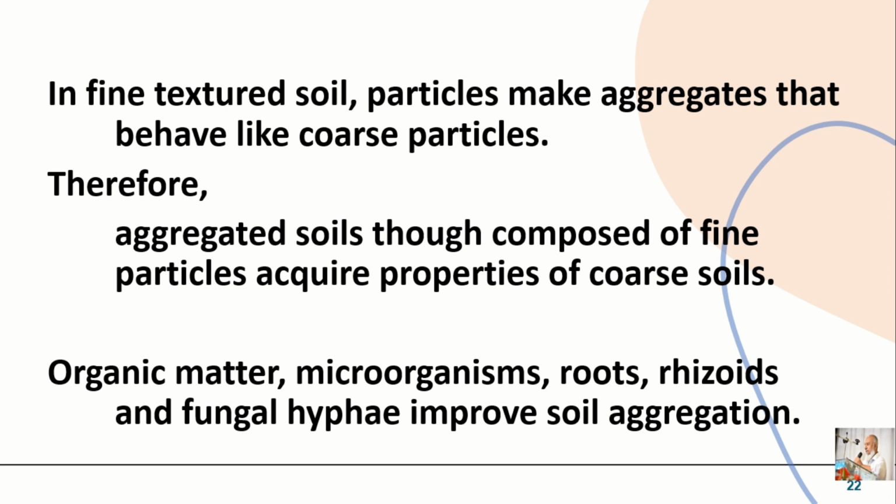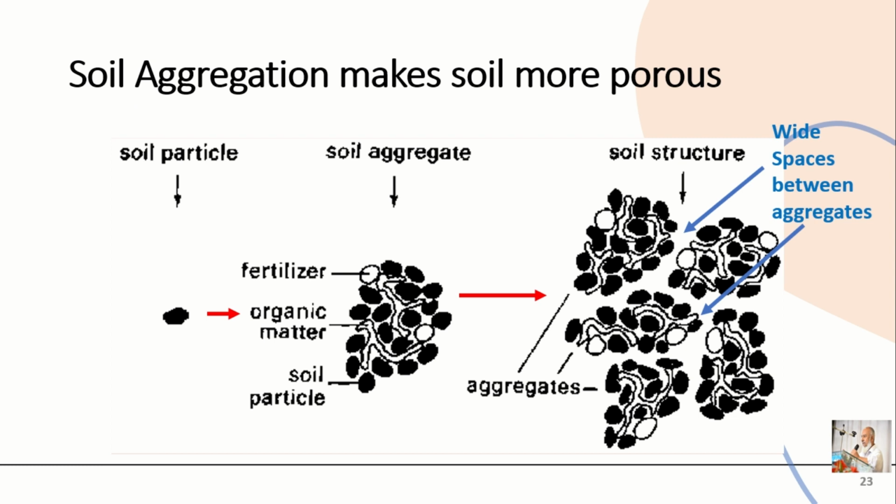Organic matter, microorganisms, roots, rhizoids, fungal hyphae, bacterial things, mucilaginous substances, these improve soil aggregation. This is an example. You can see the diagram. A single particle is there. These particles aggregate, and soil aggregation occurs. This is one aggregate particle.